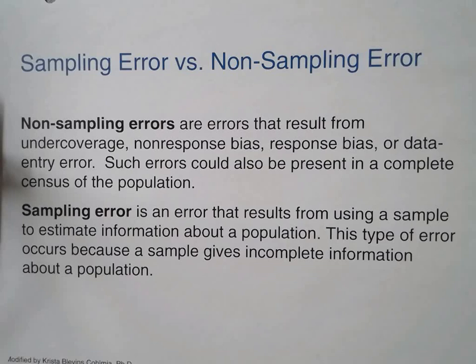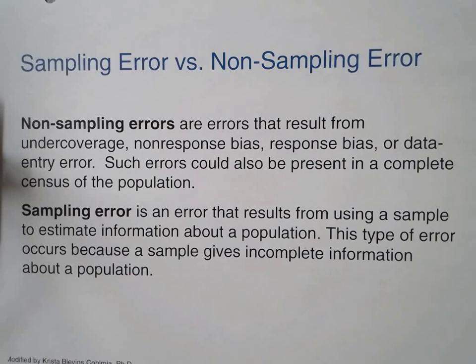So what happens in statistics, if we can't get population data, we'll take a sample and use that information from the sample to try to infer what's going on in the population, to draw conclusions about the population. Now, the results that I get from the sample are not likely to exactly equal the same thing that I would get if I could get information from the entire population. Okay?